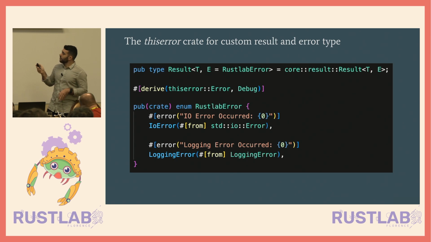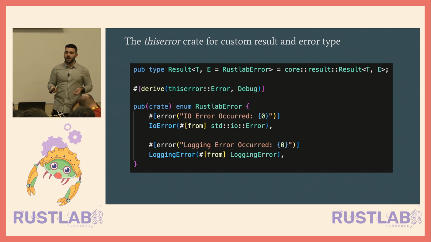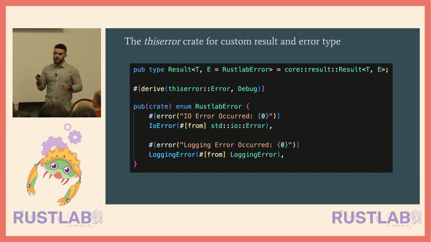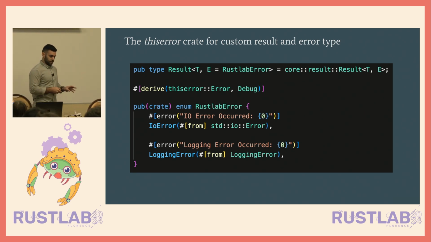Another thing I can do is create my own Result type, which will be the Result type I'm using and returning from the function, but with the error aliased to RustLabError. And now the error is aliased to RustLabError, and I can just use Result with the type I want to return. And I can guarantee that the only errors that can be returned from this function will be some of the RustLab errors.